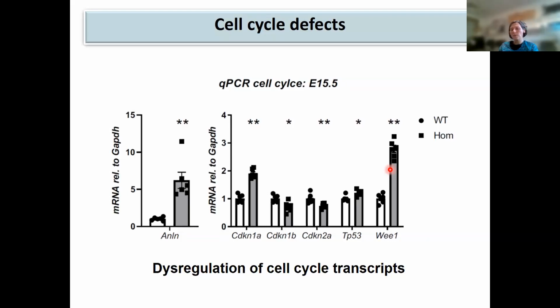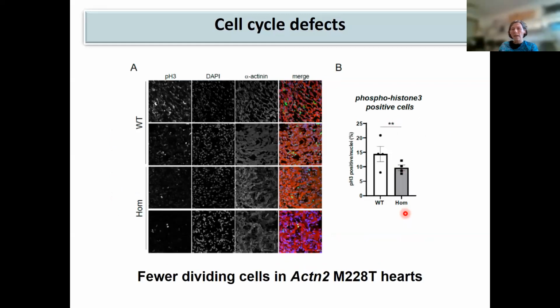Here, first analysis by qPCR showed a dysregulation of cell cycle transcripts at various stages. We also quantified the number of phosphohistone positive cells, so the number of cells going through the cell cycle, and that was reduced in the mutant hearts.